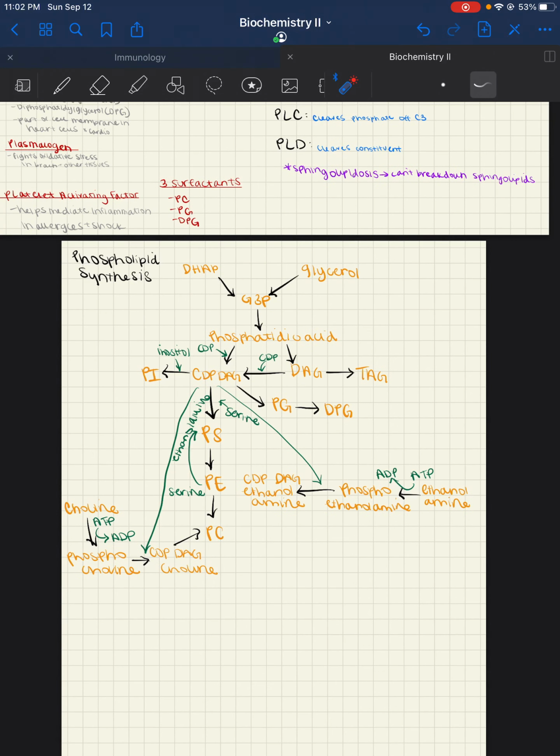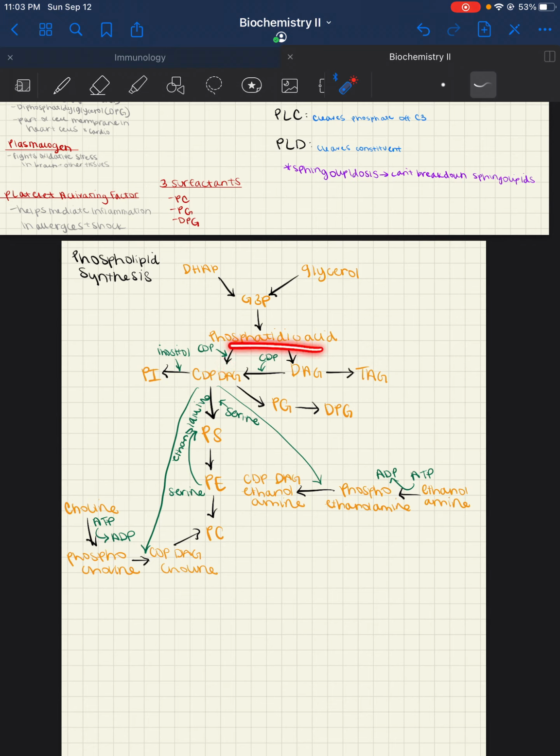And this is the synthesis pathway. It's similar to tag synthesis, where it starts with glycerol and DHAP turning into G3P and then phosphatidic acid. And you can see that I included tag synthesis going this way, but the rest of phospholipid synthesis goes this way.